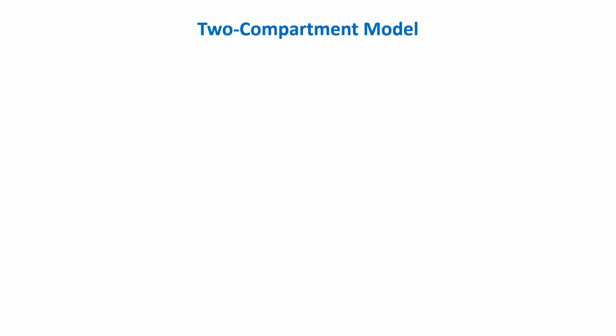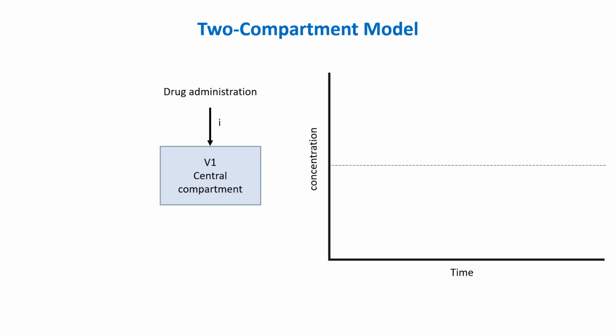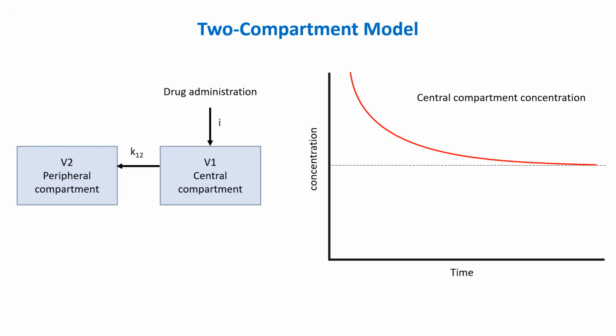Now, let's draw two-compartment model. Just like one compartment model, the two-compartment model begins with administration of drug into the central compartment. After the drug administration, the drug concentration in the central compartment decreases rapidly as it distributes into the peripheral compartment.